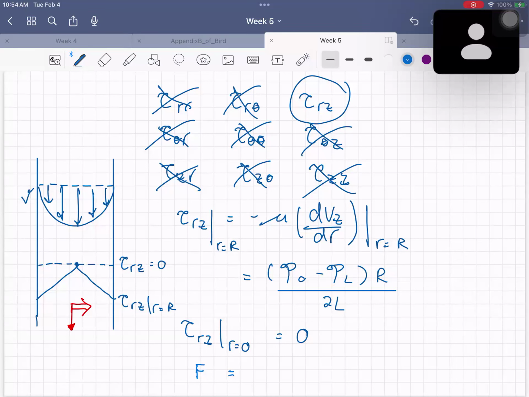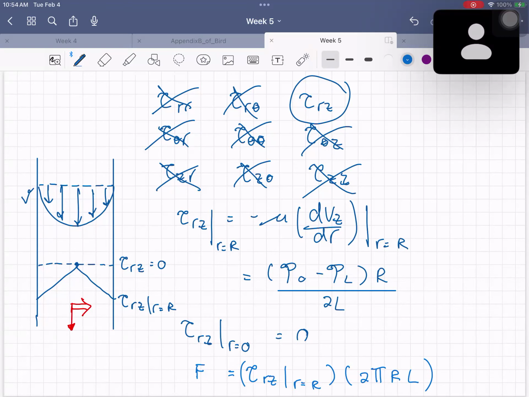So in this case, force will be shear stress RZ times area. What would be the area, where R equal to big R? The area of the wall, right? So it will be equal to 2 pi RL. The area of the wall in the pipe.